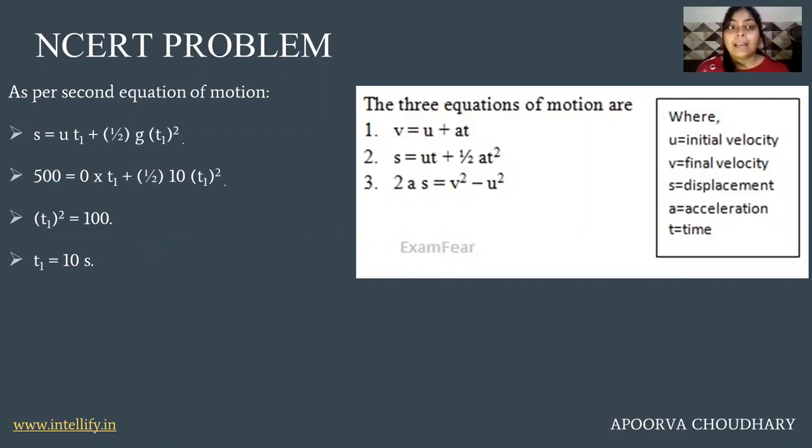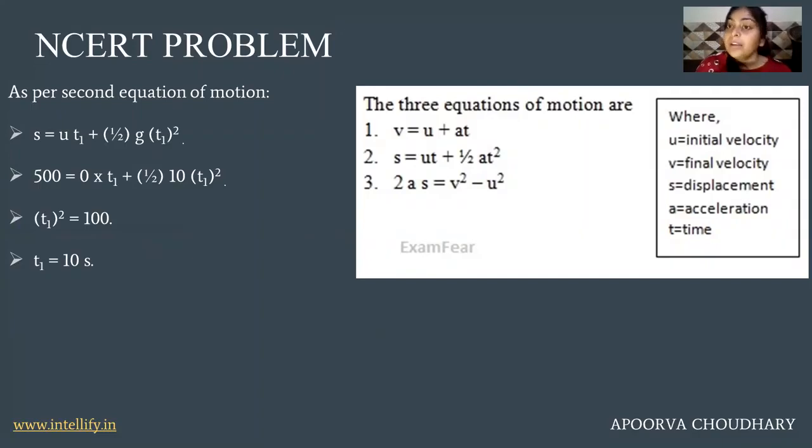I have substituted a with g, because here we are using the gravitational acceleration. Now I'm substituting the values of S, u and g, which are 500, 0 and 10 respectively. After calculating, I get T1 = 10 seconds.